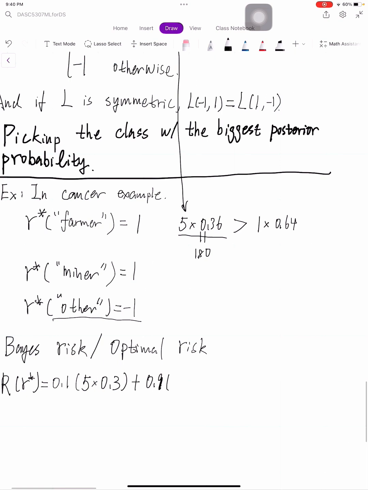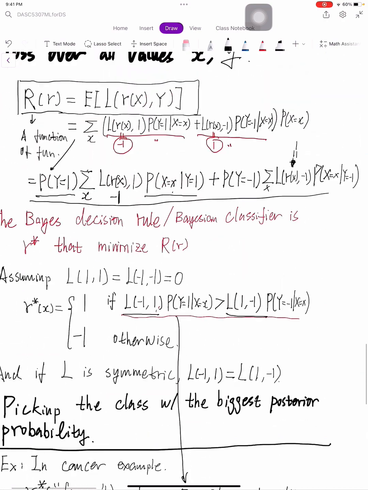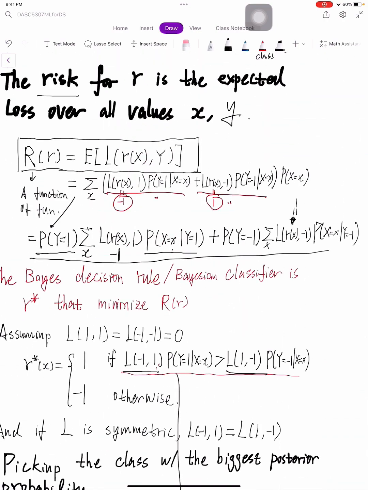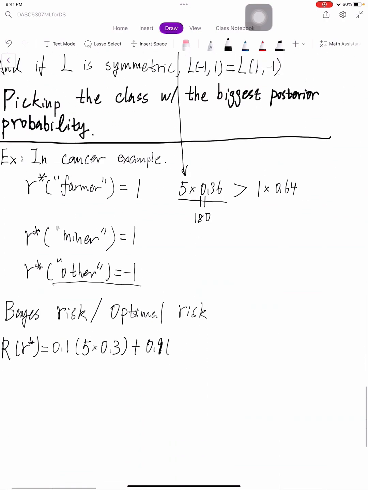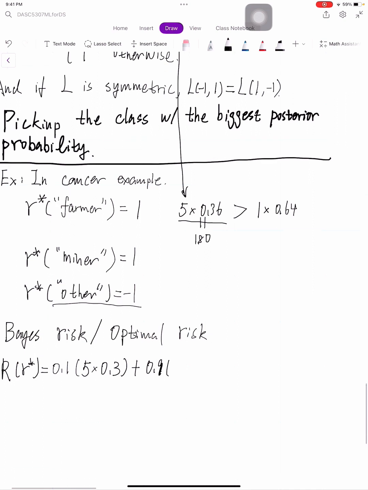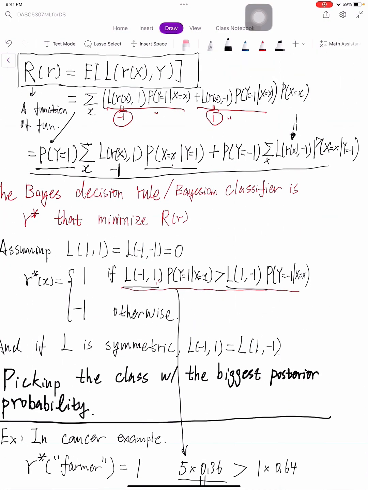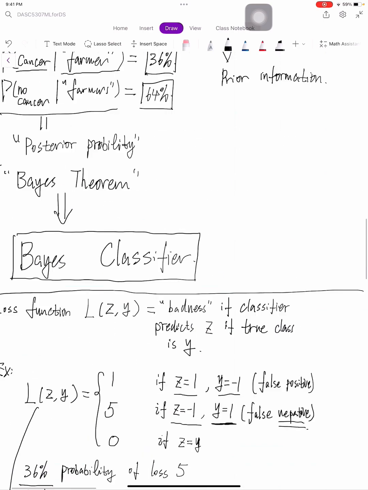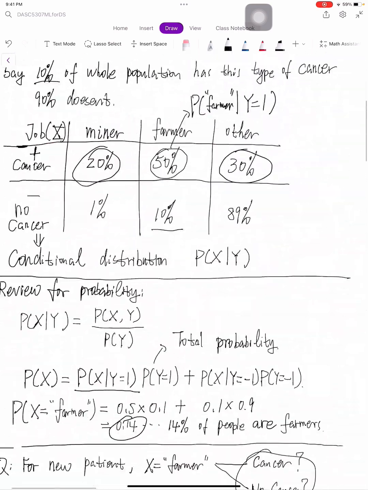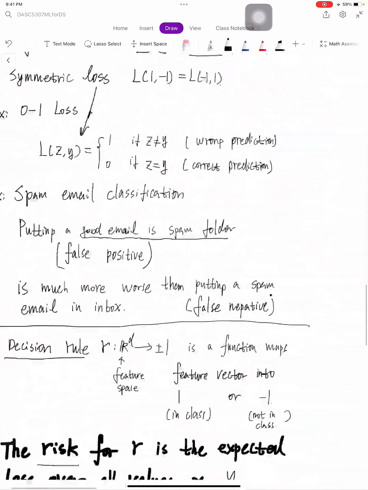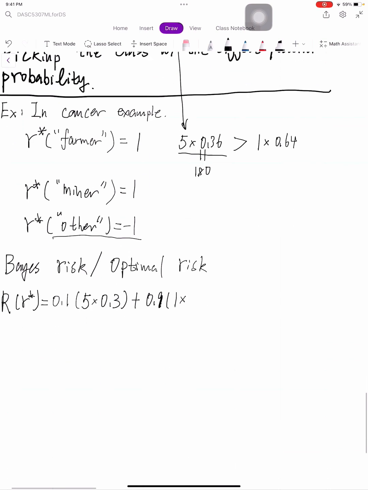So in this case, we have 2 cases. One, we predict farmers and miners with cancer. Then we multiply 1, so the loss is 1, right? With 0.01, 1%, plus 1 multiplied by 0.1, 10%.